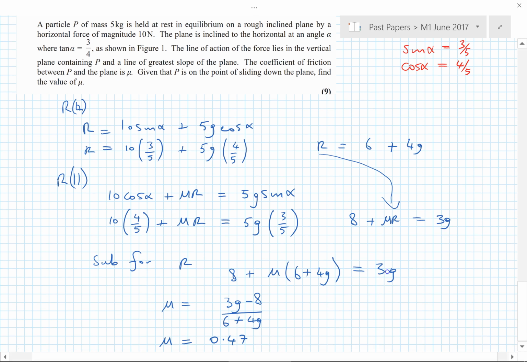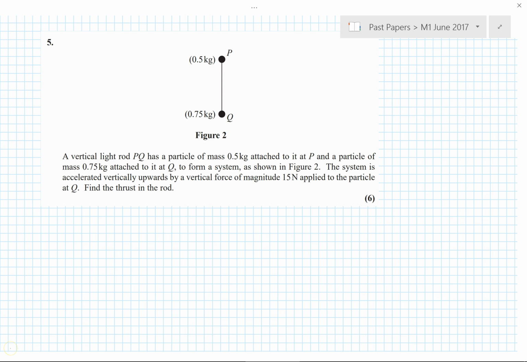Let's now look at question 5. Okay, so this is a dynamics question. It's about a thrust in a rod. So thrust must mean kind of pushing these two apart like that. It's saying it's accelerating vertically upwards, so that's an A, and it's saying that there is a force acting on Q of 15 newtons.